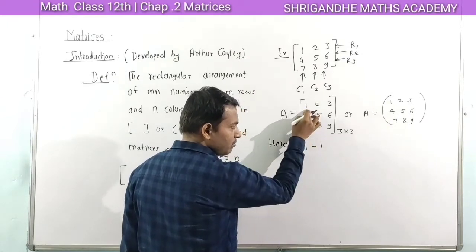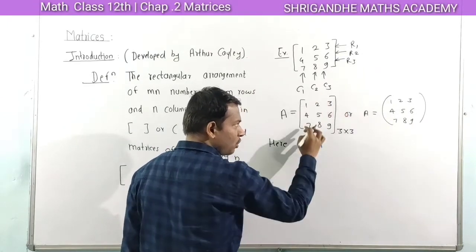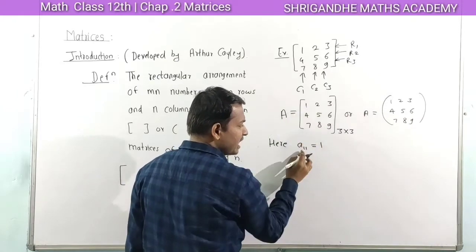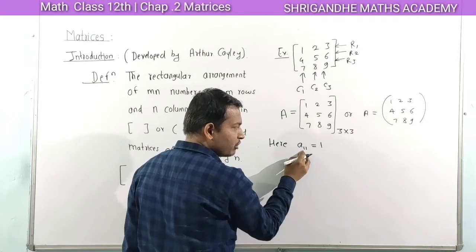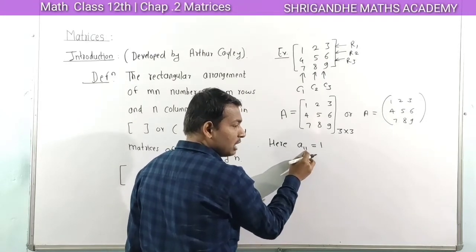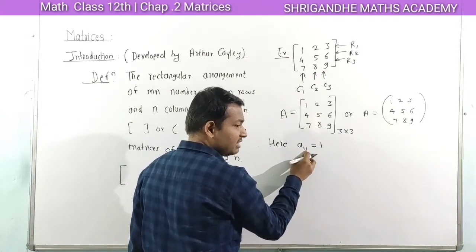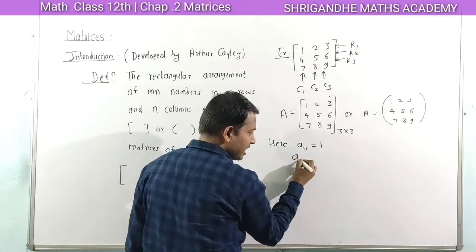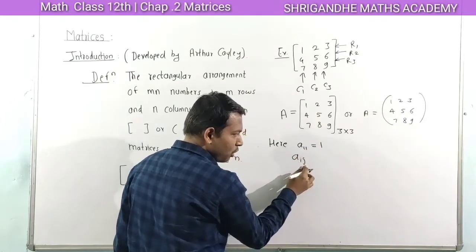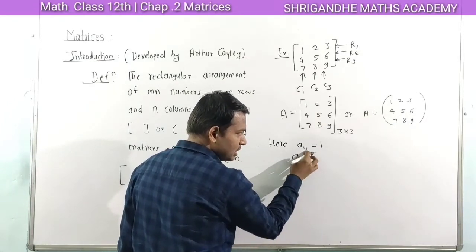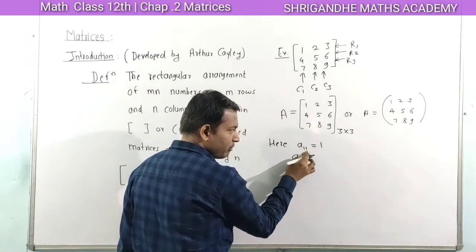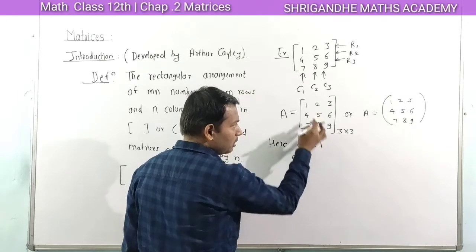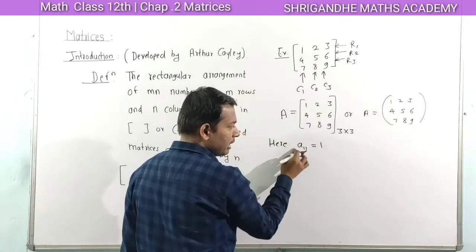The first index denotes the ith row, that is the first row, and the second denotes the jth column. Clear? aij means ith row and jth column. Here i is equal to 1, j is equal to 1, which means the element in the first row and first column is equal to 1. Therefore this one is nothing but a11.